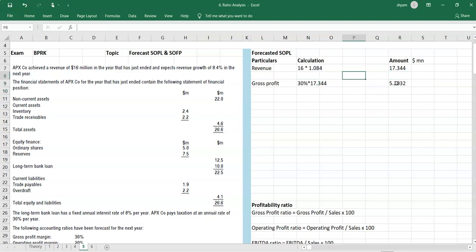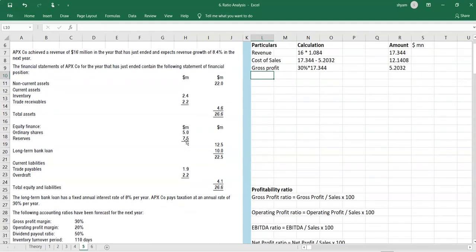The difference between these two numbers, 17.344 minus 5.2032, will be the cost of sales. So that's done.